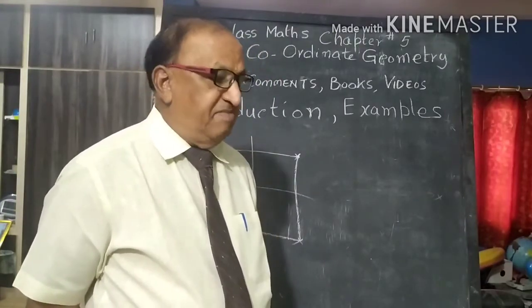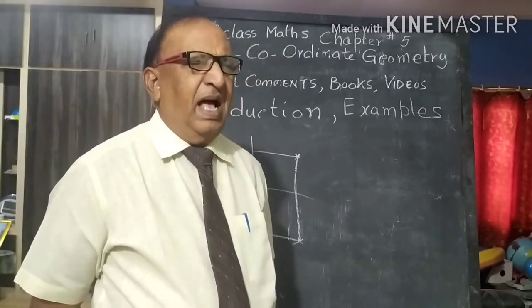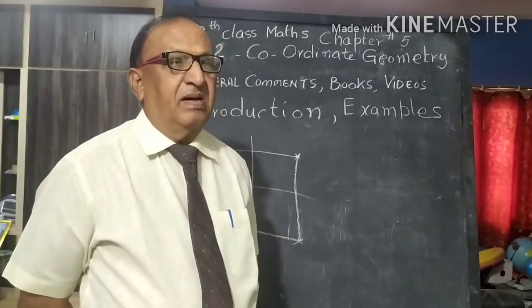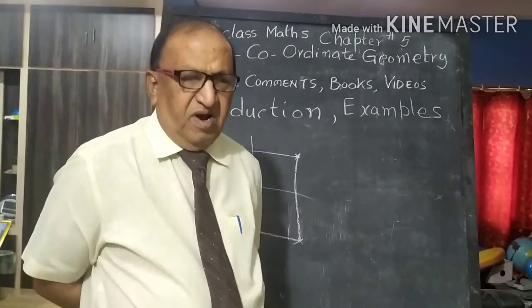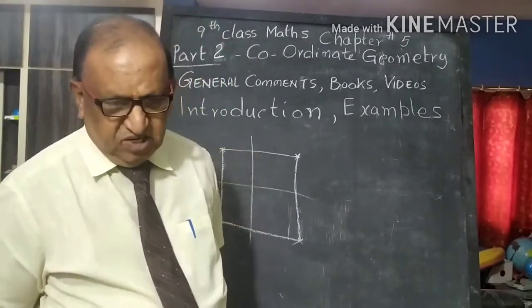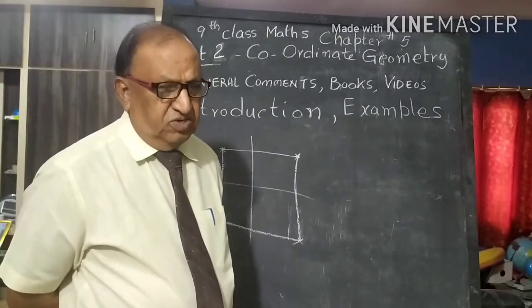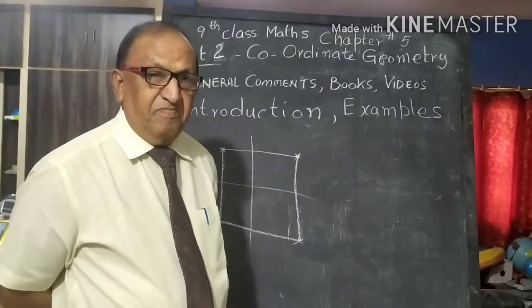Now, this coordinate geometry is very, very important. Any object in the universe can be identified with certain coordinates, x coordinate, y coordinate, and also z coordinate, and some other parameters. Like I told you, the chapter that you have now is only plane geometry.